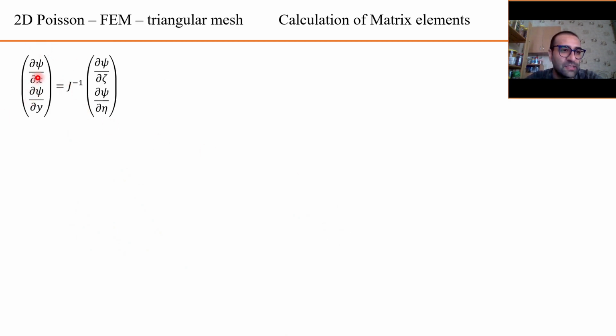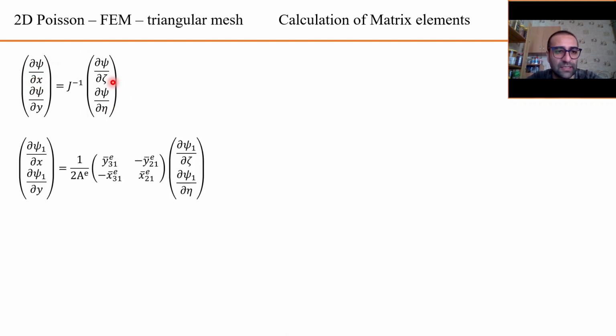Okay, and this is what we said about writing the derivative with respect to x and y as a function of the derivative with respect to zeta and eta, and we calculate this Jacobian. Now, because we have the functions in terms of eta and zeta, we can calculate this derivative.